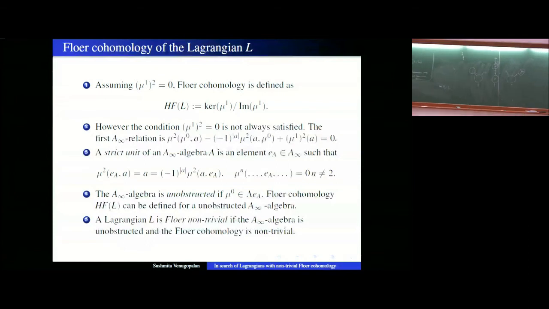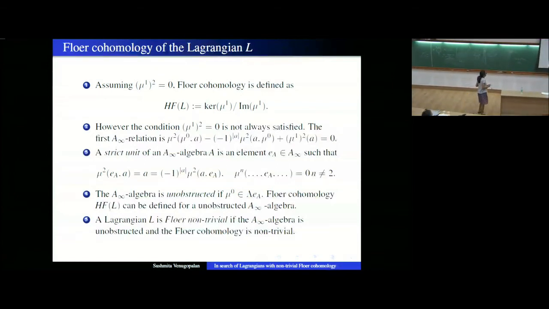So this next point is some algebraic nonsense at this point, but when you start doing the geometry, it becomes meaningful. So what is it? I'm just trying to give you a condition where the Floer cohomology can be defined.